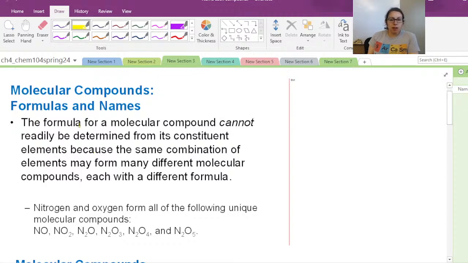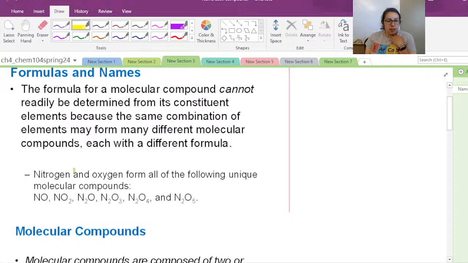Basically, they say the formula cannot be readily determined since you can have different combinations. Let's just take nitrogen and oxygen for an example. We can't just say nitrogen oxide because there's too many different combinations: NO, NO2, N2O, N2O3, N2O4, N2O5.